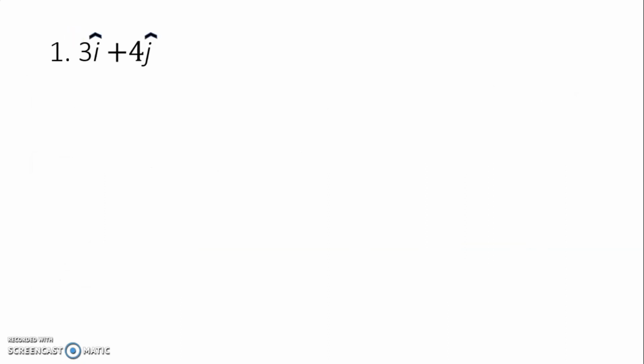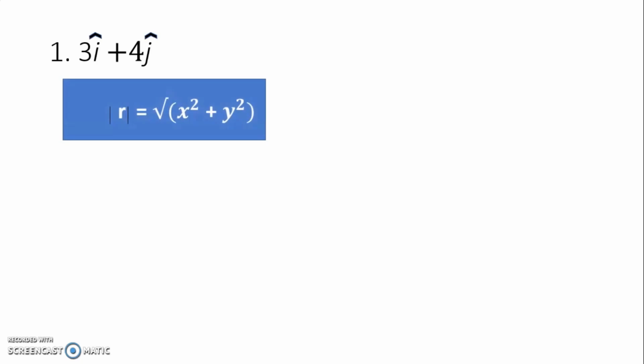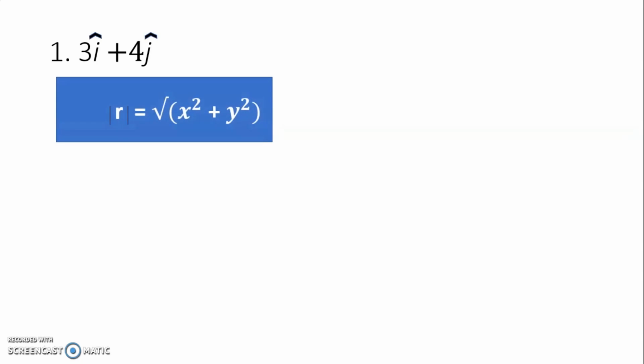First of all, to solve this problem, we are going to write down the formula, which is modulus of r equal to square root of x squared plus y squared. So we know that the modulus of r is equal to 3 plus 4.